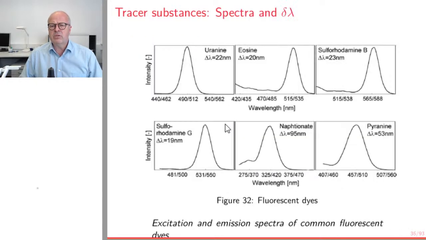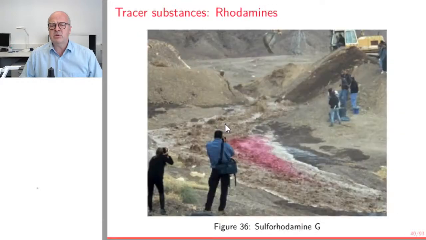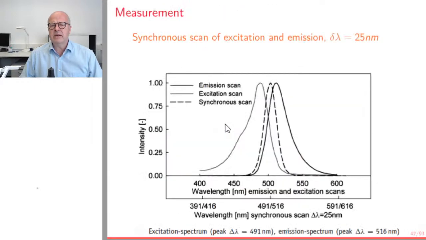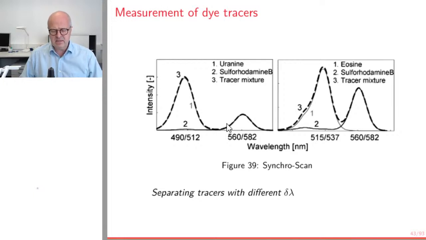We have a very similar delta lambda, but we have different total excitation wavelengths. So we get peaks at different wavelengths if we make a spectral scan, and from the intensities that we get of the curve, we will actually be able to measure both concentrations in the tracer mixture. However, it's very rare that you use Euro 9 and sulforhodamine B in the same sample, because one is for groundwater, one is for surface water. So usually you do not combine these two.